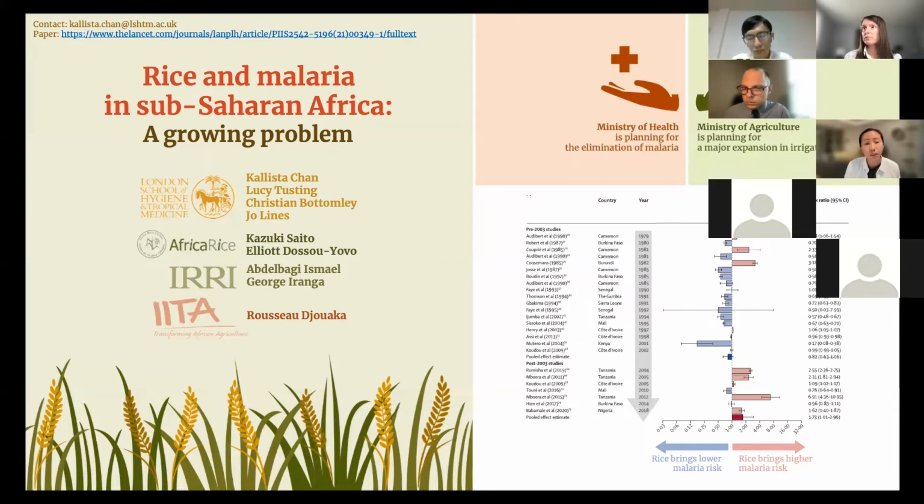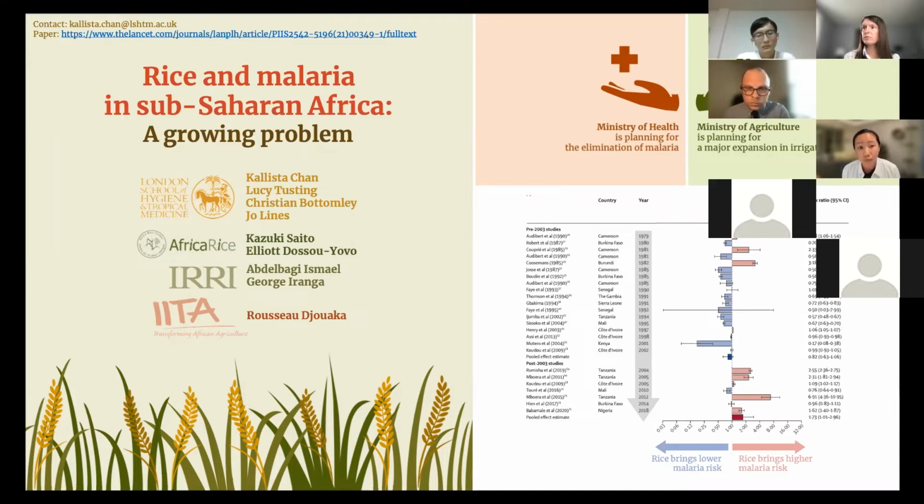Our study confirmed that in rice growing areas, malaria vector density was up to 8-fold higher in rice communities. We also found a significant difference in malaria prevalence pre and post scale-up of interventions, where, as you can see on the bottom right graph, in studies performed before 2003, malaria infection prevalence was not higher in rice communities, as you can see by the blue bars.